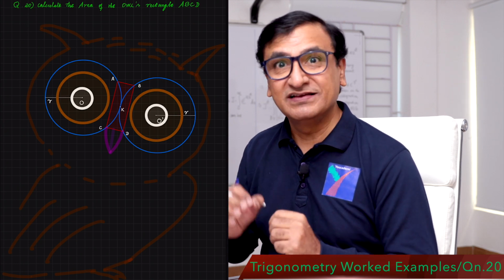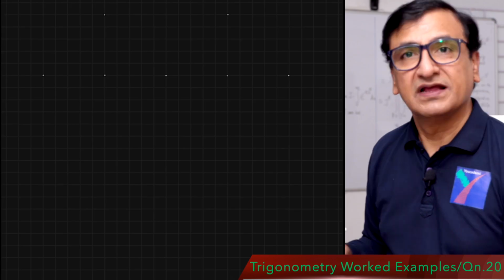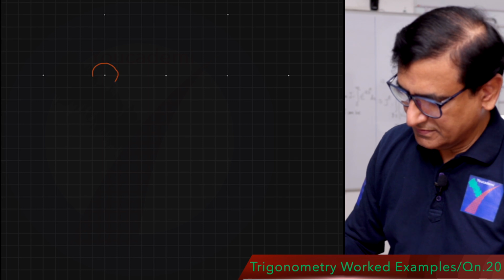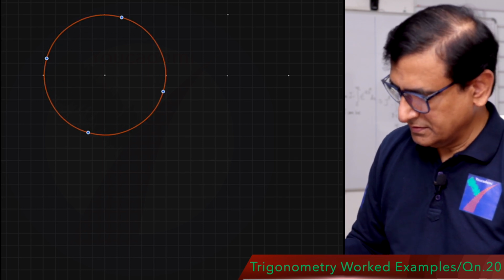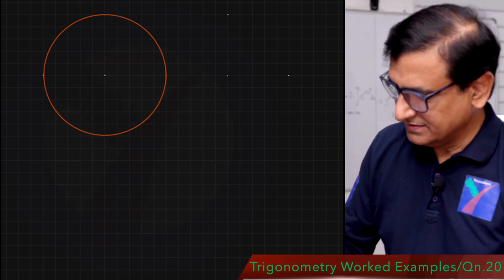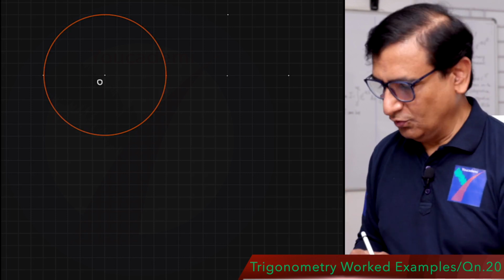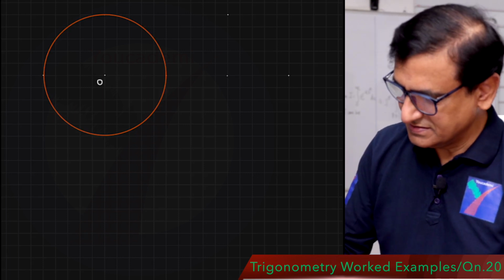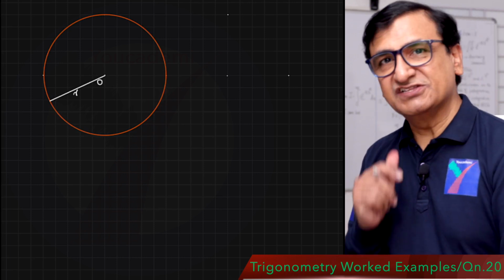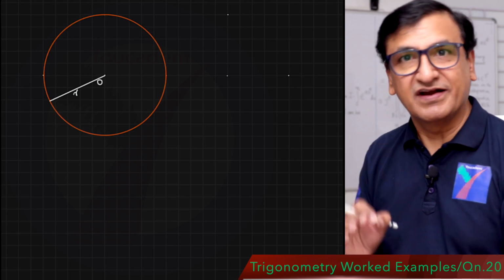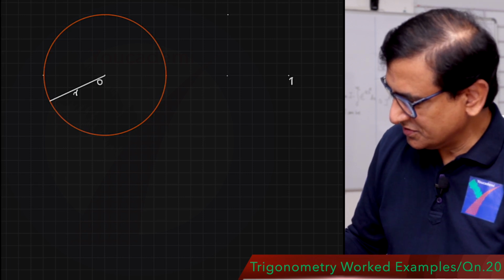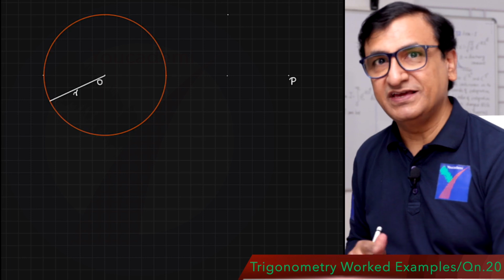I'll start by describing the geometrical construction here. Let us start by drawing a circle. So this is a circle with center O, radius R. Let us consider a point P which is 3R distance from the center O. So this is our point P and the distance between O and P is 3R.